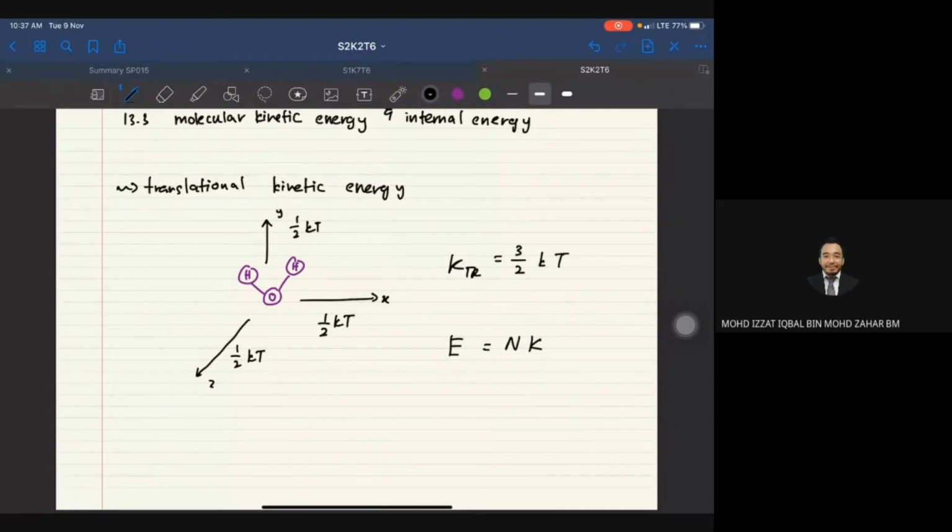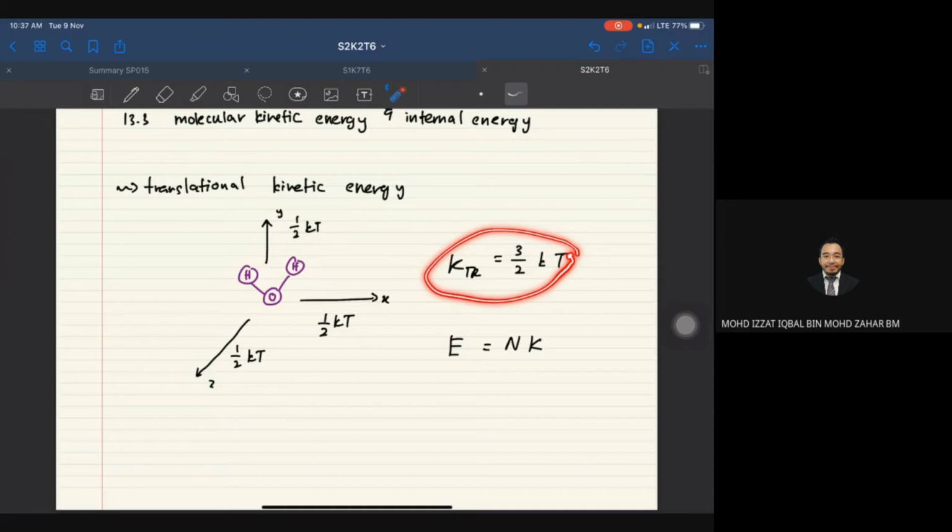Okay. Satu molekul ni kan, dia boleh bergerak 3 direction. So setiap direction ni kamu ada setengah KT, setengah KT, setengah KT. So maksudnya satu molekul ni translational kinetic energy dia adalah 3/2 KT. Tambahlah 1/2 tambah 1/2 tambah 1/2. So this is for one molecule. Kalau saya ada 3 molekul ataupun 4 molekul, saya kena buat apa?